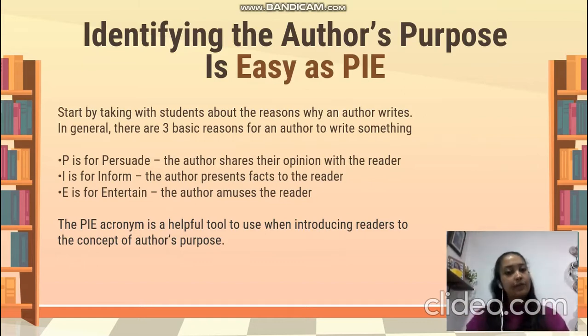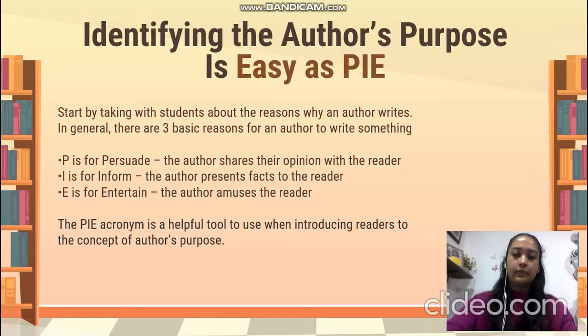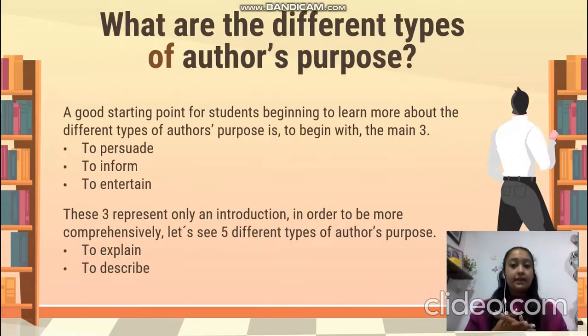Now we are going to talk about author purpose and go into more details. What are the different types of author purpose? A good starting point for students beginning to learn about the different types is to begin with the main three, as I said before: to persuade, to inform, and to entertain.